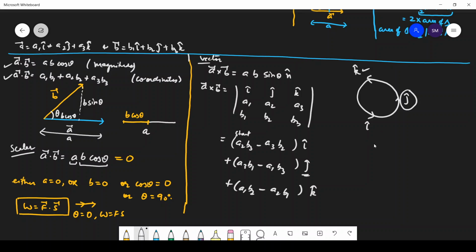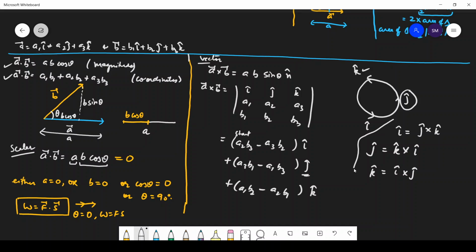Students, that's because k cross i is j, and i cross, what is it, j cross k. So j cross k is i, and this is the sequence. And then k cap is what? i cross j.